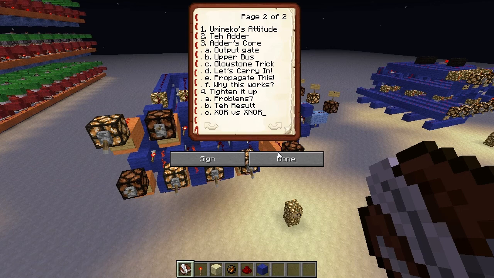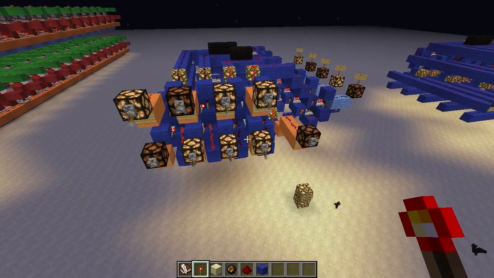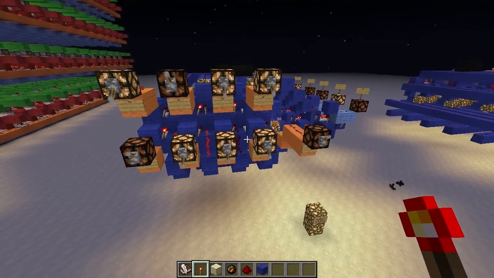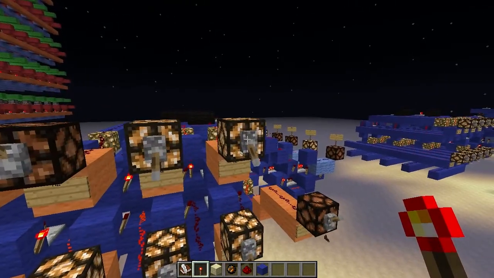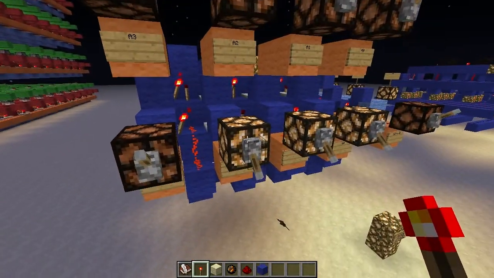Okay, so I needed an adder at this point. I'm trying to build something with redstone, and I was looking for various adder concepts, and I basically liked how it looked in the video, but I didn't have a clue how to build it or how it works.